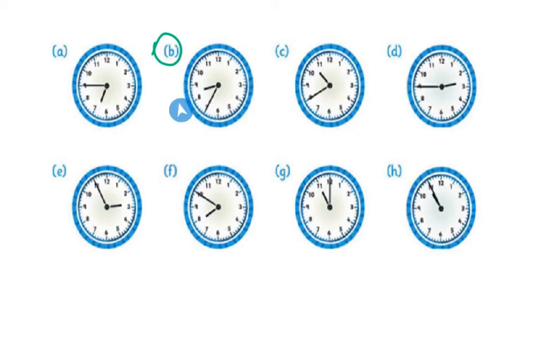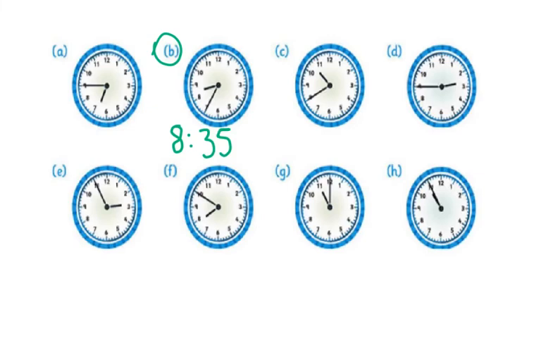So we're in the 8 o'clock hour. We're not quite at the 9. So we put down 8. So how many minutes past 8? Well, let's do it together. 5, 10, 15, 20, 25, 30, 35 minutes past 8, which is the same as 25 to 9.